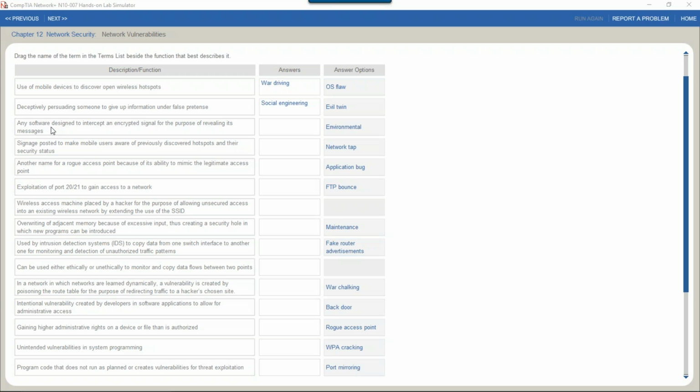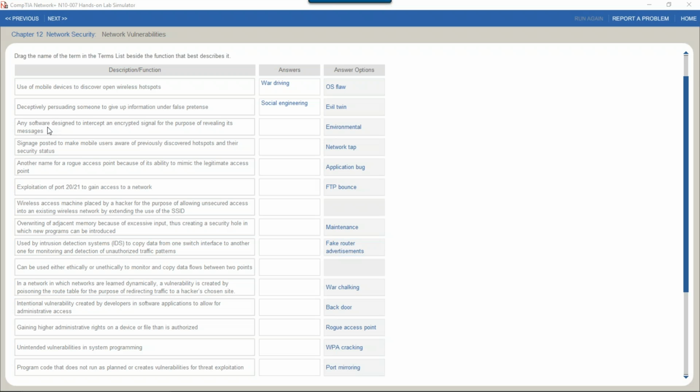Kelly says intercept and encrypted, okay? Software designed to intercept an encrypted signal. Okay, so I would say this whole first part right here should all kind of go together, right?